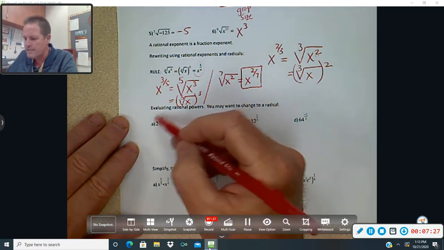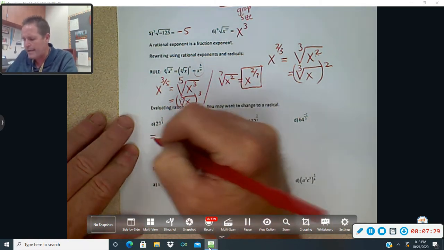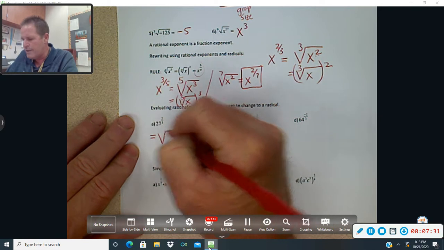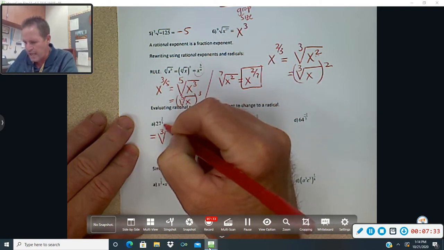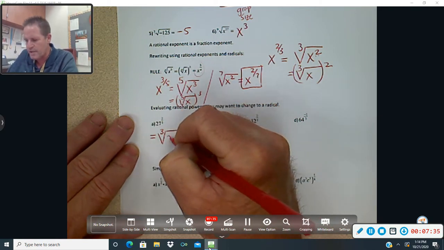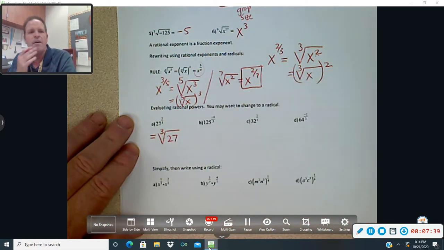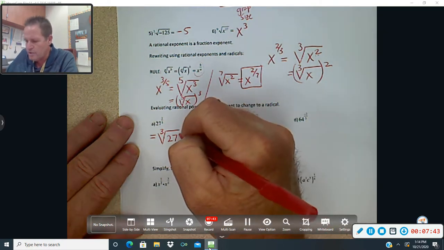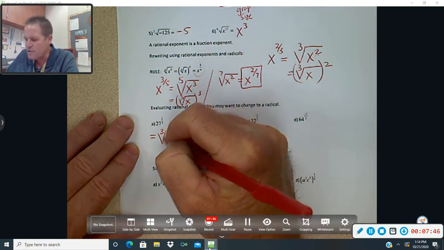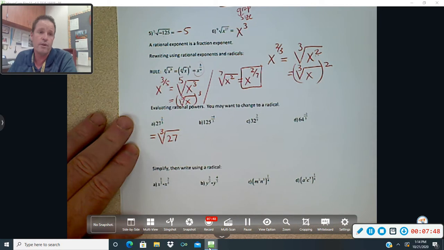So I'm going to take something like this, and I'm going to rewrite it as the cube root of 27, because again, the bottom of the fraction goes to the index. And now I have my option of where I want to put that 2. If I put the 2 inside, I'll have to square 27 first. Well, first of all, do you even know what 27 squared is? Probably not.